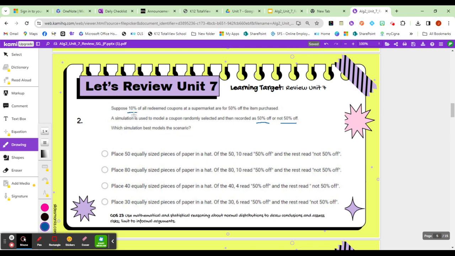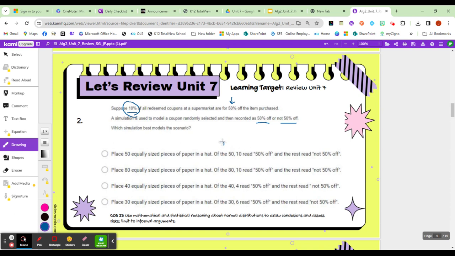This one is really focused on the fact that it's telling you only 10% are 50% off. So this says if 50 coupons, the same size, are put in a hat, of the 50, 10 read 50%.